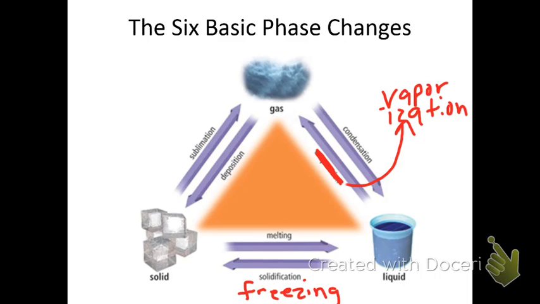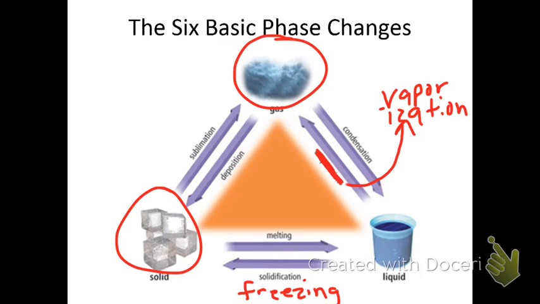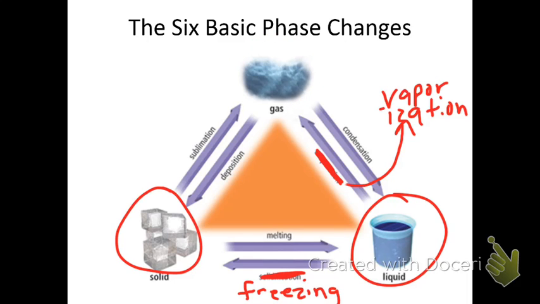So again, maybe at the top, just write gas, solid, liquid, and a little nice triangle, and then write these terms in: sublimation, deposition, condensation, vaporization, melting, and maybe here you want to use the word freezing. Okay. I'll erase this so you guys can see a little bit better.